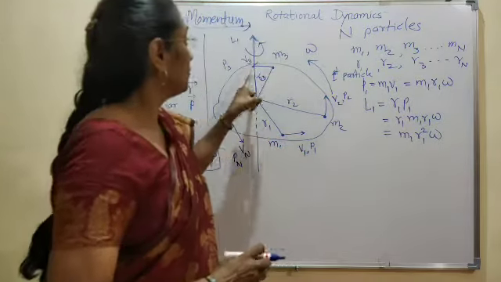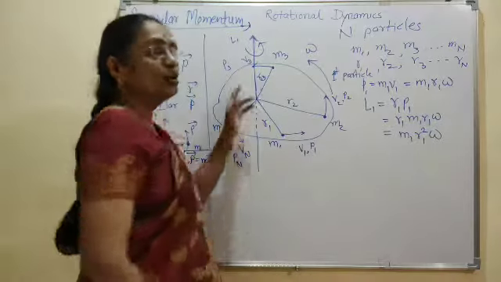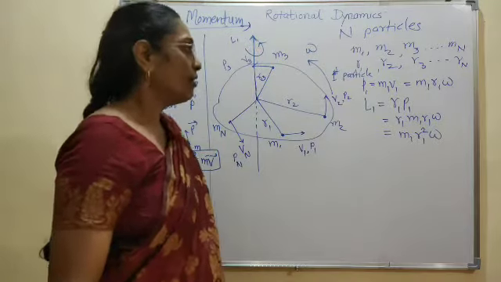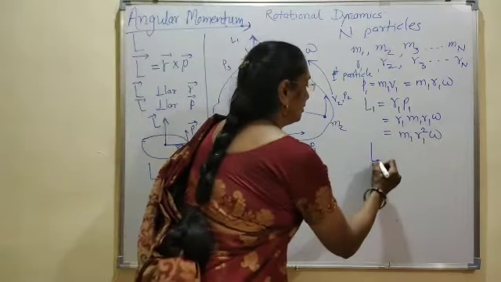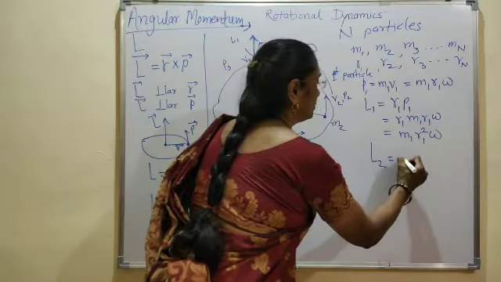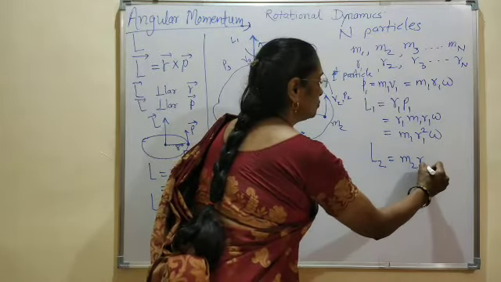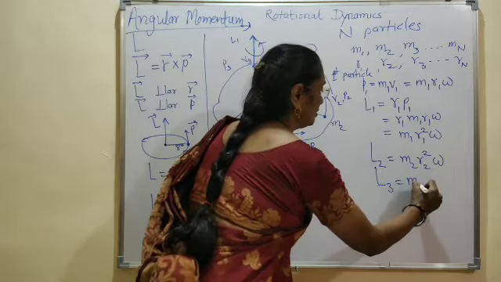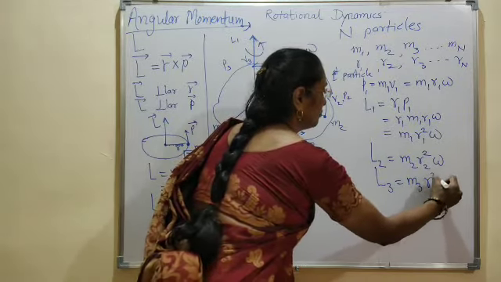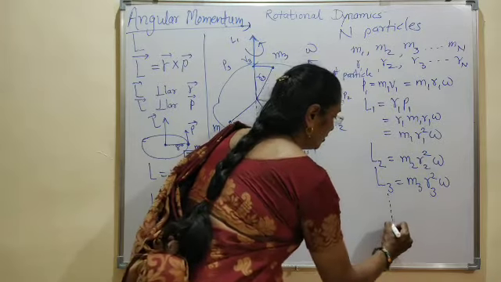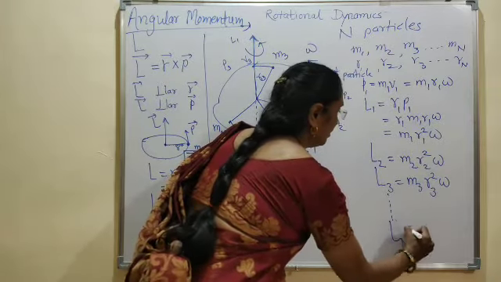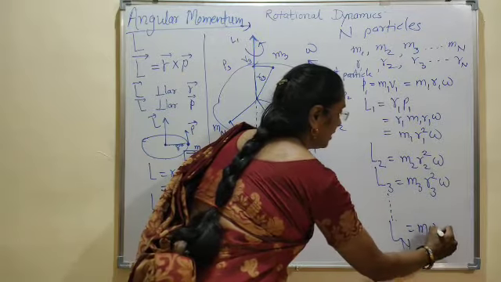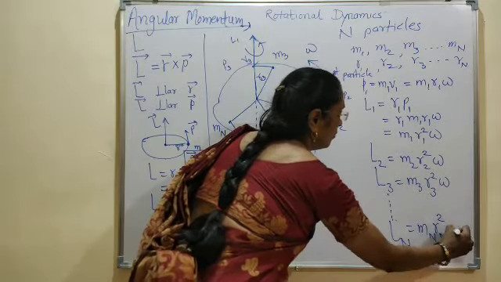Then for all particles we have to show such angular momenta. So for the second particle, L2 is equal to m2 r2 square omega. For the third particle it is m3 r3 square omega. For the last particle it is Ln, equal to mn rn square omega.